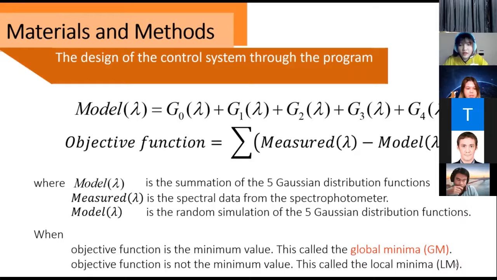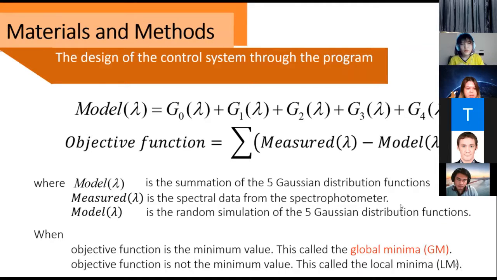The accuracy of the spectral response for each set of the 55 variables is assessed using the R square. Comparing the experimental spectrum with the model spectrum, we get the objective function.